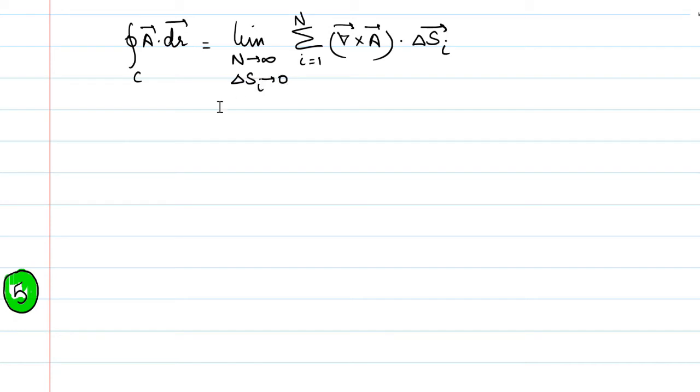Now comes the question: if we know that the number of surfaces is going to be infinity, is it possible for us to count them? To count the infinite number of surfaces? No, it's not possible. Whenever infinity comes in, it's really difficult for us to do the counting.